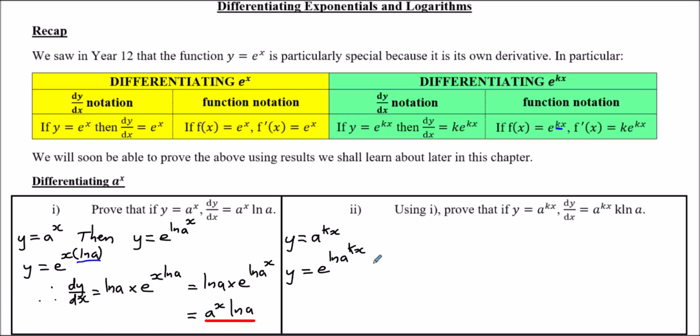So now we can bring the kx to the front of the natural log and say y equals e^(kx ln a). So let's think about this expression for y: in this power, what are the constant terms?